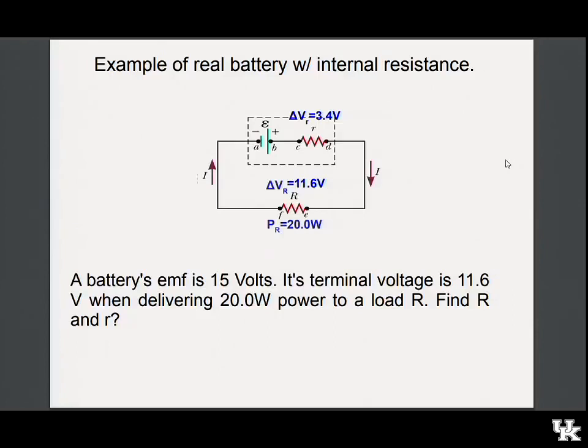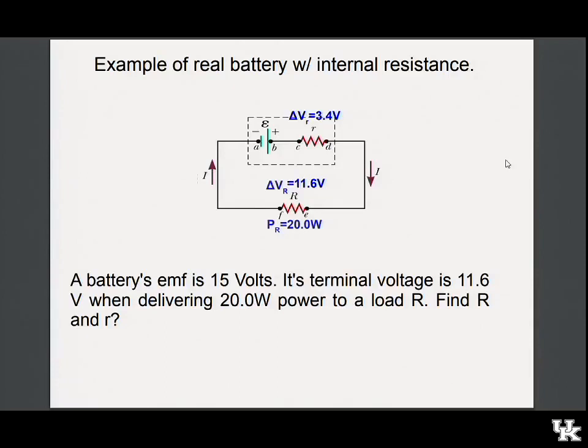The real battery itself is in this dashed box here. And we're told that its EMF is 15 volts, but its terminal voltage is only 11.6 volts when we're delivering 20 watts of power to this load resistor, say this washing machine or dryer or microwave.